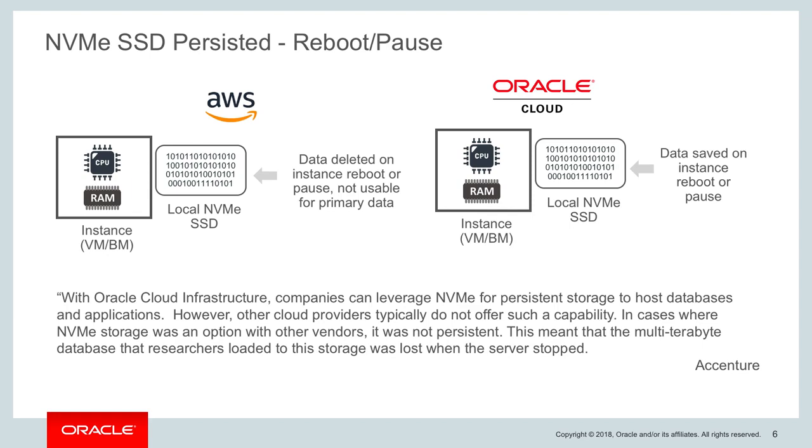It's not going to be deleted or purged once you pause or stop the instance, right? The only way that the data will be deleted off NVMe SSD is if you actually terminate the instance. So if you don't terminate it, if you just pause or stop, your data is protected, and when you bring back your instance again, you still have access to that data.